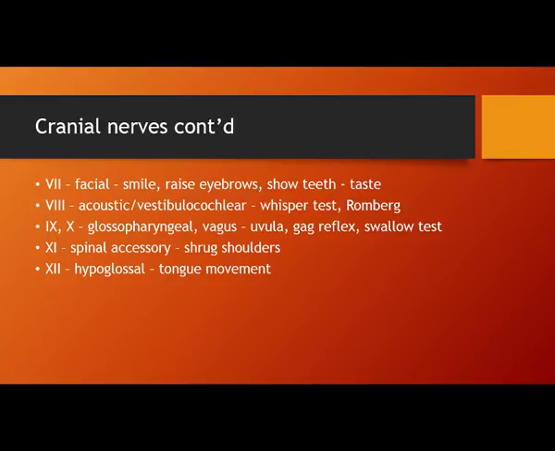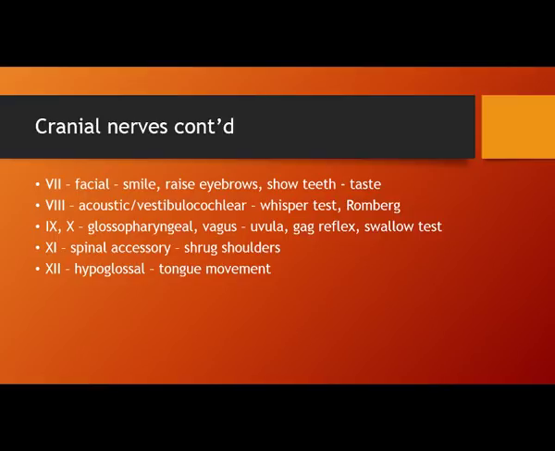Cranial nerves 9 and 10 we're going to test together, the glossopharyngeal and vagus, and we ask the person to say ah, and then use the tongue blade to try and stimulate a little gagging. It should not be hard at all to stimulate gagging. If you can't, then that indicates a possible problem there.